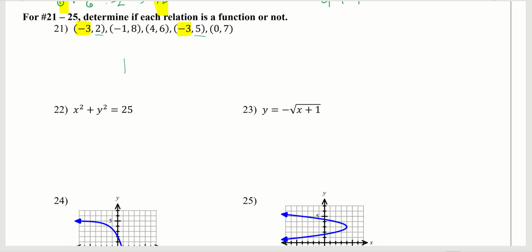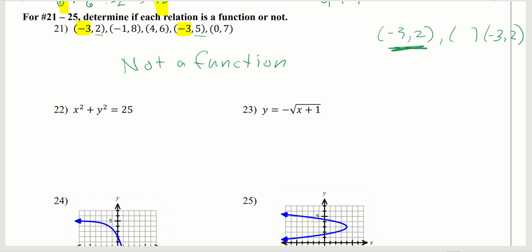So this is a no. Okay, so not a function. Again, the reason is we should have a unique output for every input. Be careful on these, because sometimes in a list, they'll do a bunch, and then they'll do -3, 2. You might think, okay, I see 2 inputs. Nope, can't be true. But here, they have the same outputs. So in that case, that would be a function.